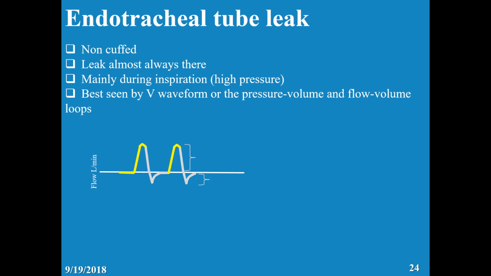If the in is less than the out, what do you think is happening? The air has to come out somewhere. Air trapping. So you are losing the air somewhere. When this is longer than this, you are losing the air somewhere, and that means we have a leak.